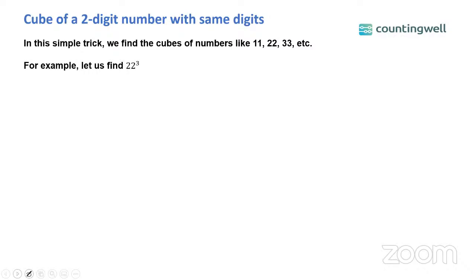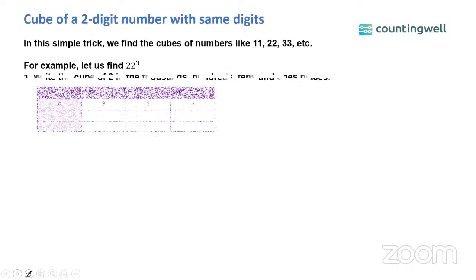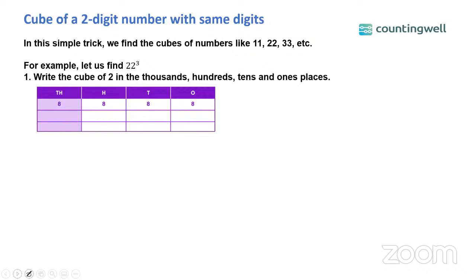Now let us see a trick to find the cube of a 2-digit number with the same digits. A 2-digit number having the same digits means numbers like 11, 22, 33, 44, 55 and so on. For example, if you want to find 22 cube, write the cube of 2 in the thousands, hundreds, tens and ones place.